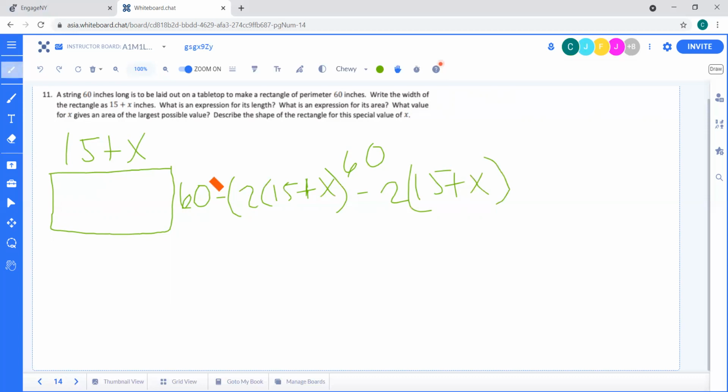This would equal what? That would be 0 for our perimeter, right? This is our 2 width. This is our 2 length.